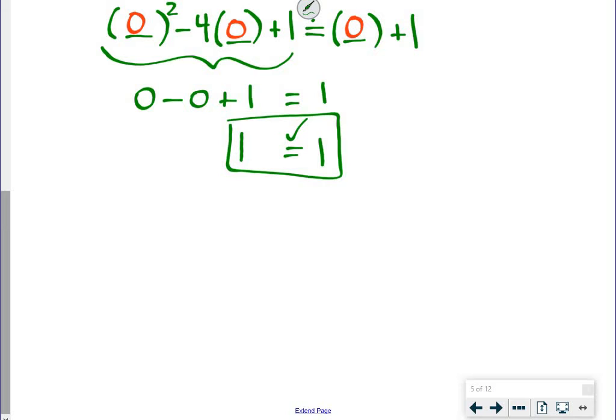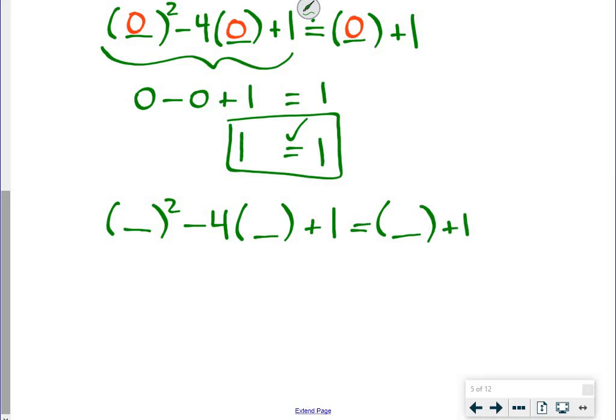The other solution, x equals 5. Everywhere I see an x in the original equation, I will put a 5. It should be true that the left side equals the right side independently.